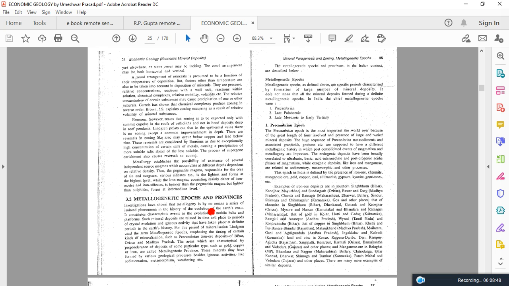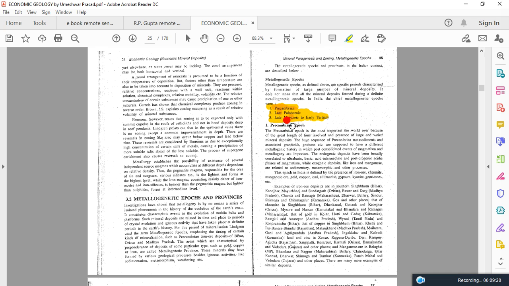So these are the events in which specific minerals get deposited. Okay, there are three major types of these metallogenic epochs: the Precambrian, the late Paleozoic and the late Mesozoic. So these actually define the boundaries which we just discussed.